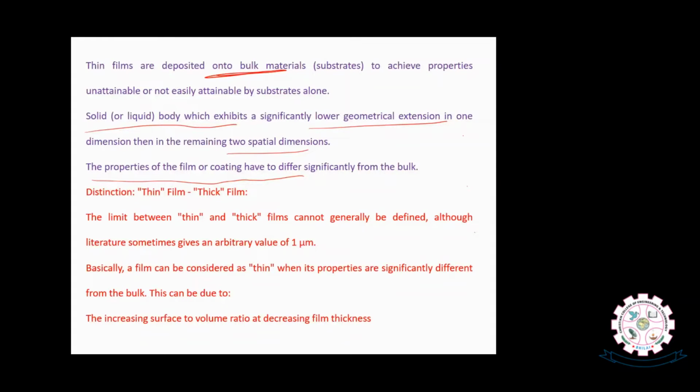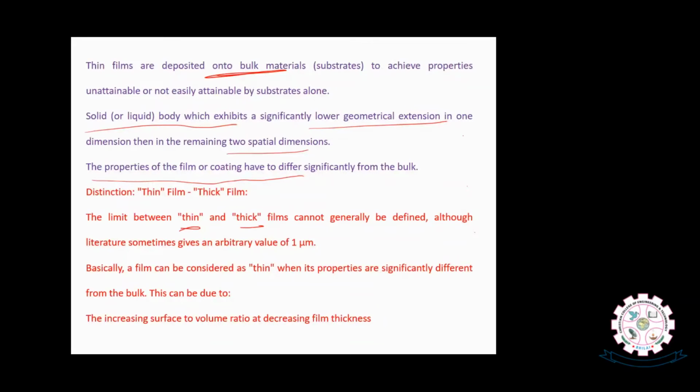Electronics engineers only require 5 nanometers of thin film, but with the mechanical engineering people we have to give them at least above micron size. So how do I distinguish thin film and thick film? We cannot generally set a limit between them. Even in the textbook definition, if the author is from a mechanical background, for him less than a micron is a thin film. But if the author of the book is an electronics engineer, he will say 100 nanometers is too thick.